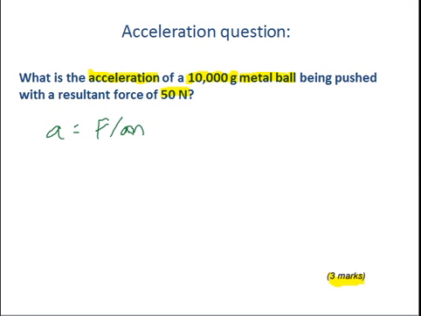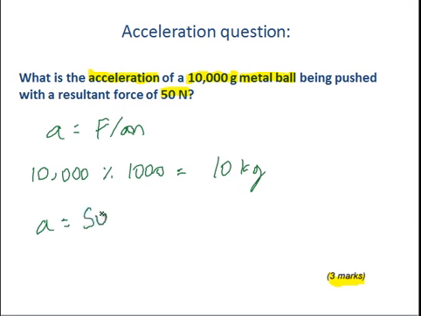The conversion is quite easy, you just need to divide by 1,000. So 10,000 divided by 1,000 equals 10 kg. That's our mass, and we know our force is 50, so A equals 50 divided by 10, which equals 5 meters per second squared.